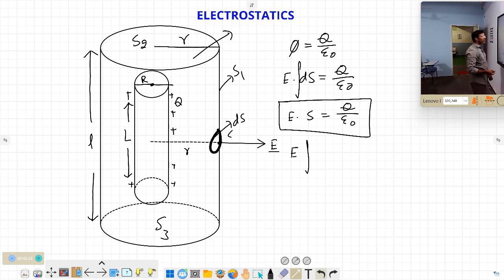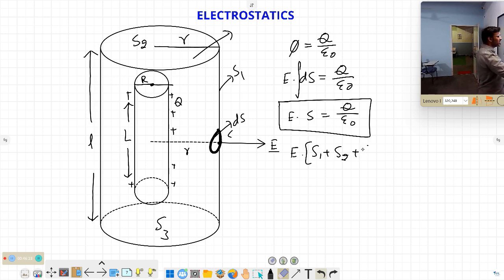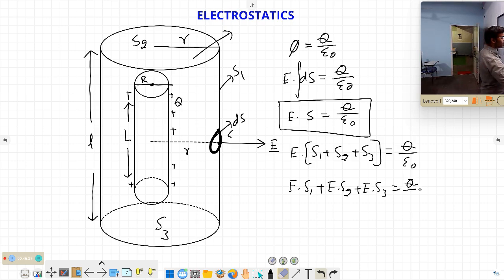Totally 3 surface areas we have. So S is the sum of the 3 surface areas, that is S1 plus S2 plus S3, equal to q by epsilon naught. Now if you apply this, E into S1 plus E into S2 plus E into S3 is equal to q by epsilon naught, we can write.